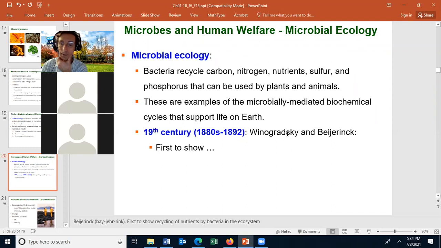They would study bacteria growing in their natural conditions in the environment. And you need a microbial ecosystem before you can understand the carbon cycle, the nitrogen cycle, and the sulfur cycle.